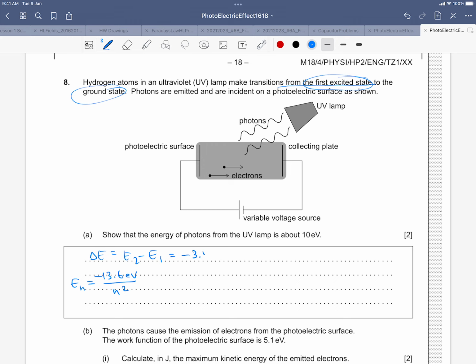E2 is negative 3.4 eV minus negative 13.6 eV, which gives us 10.2 eV. That's roughly 10. And this is the energy hf of a photon.